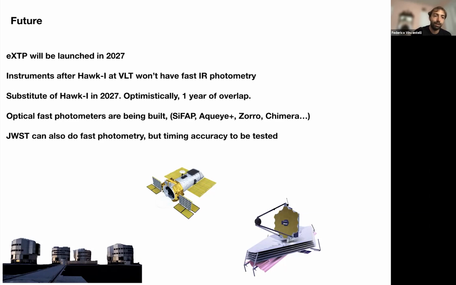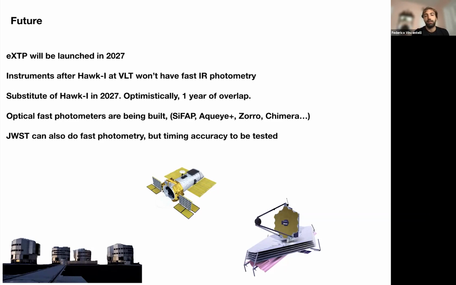In theory, the next instrument after HAWK-I, the fast infrared photometer that I'm using, should come in at VLT in 2027. Usually there is one period of commissioning and more instruments can be together at the VLT. So I guess there will probably be at least 1 year of overlap between HAWK-I and the new instrument.